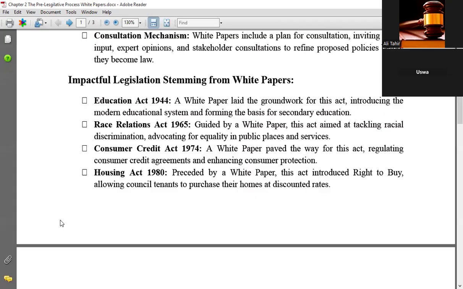They have to apply to the government. The government actually has a waiting list upon which it accommodates people into council housing, giving them a roof over their head. This act actually enabled those people to transition from tenant to owner, thus slightly lifting them out of poverty.